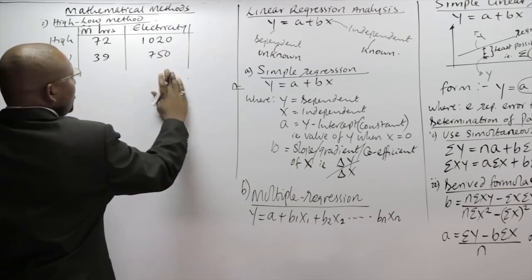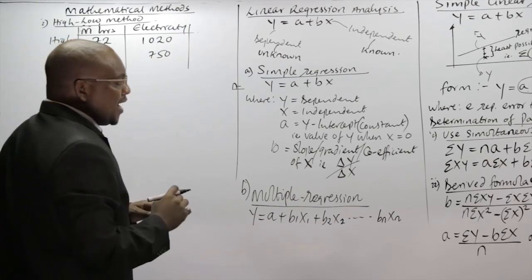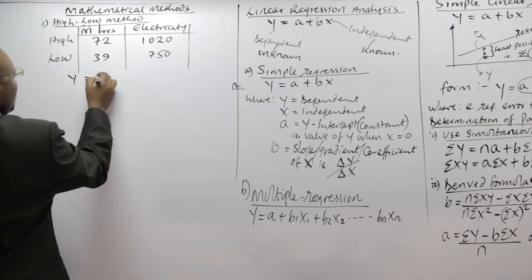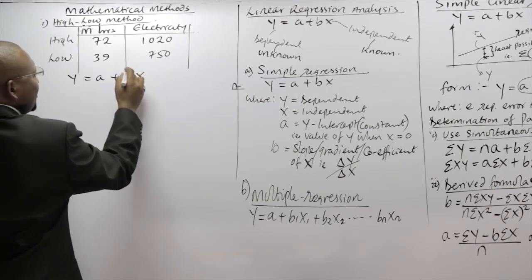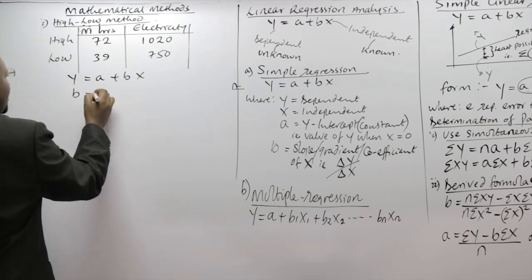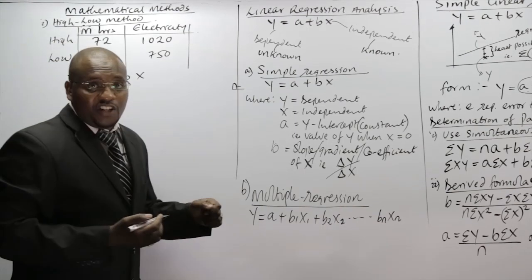So with this now, we are able to work out y equals a plus bx. So b we know is the change in cost over the change in hours.